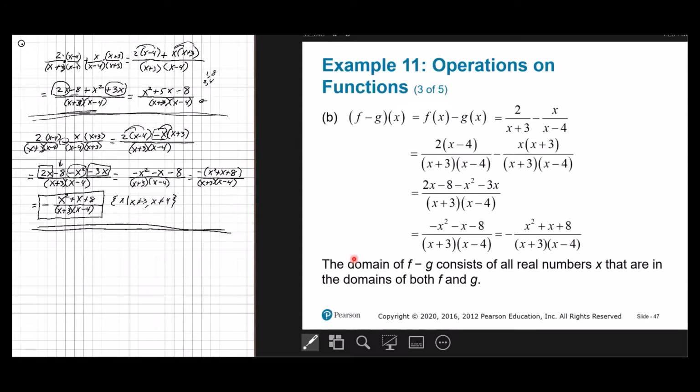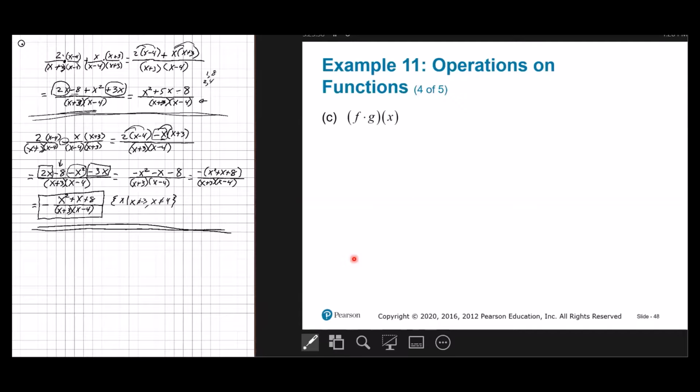Oh, and so the domain, yeah, the domain is the same. The domain winds up being the exact same thing. Now, the next thing we're talking about, multiplying. So we're going to be multiplying two fractions together. What happens when you multiply two fractions together? Someone tell me. Tell me what happens here when you multiply these two things together.